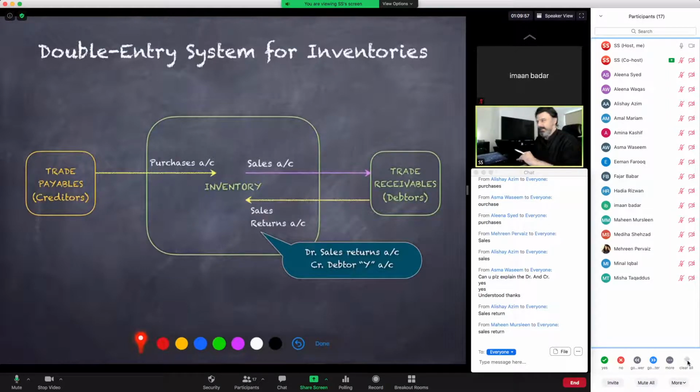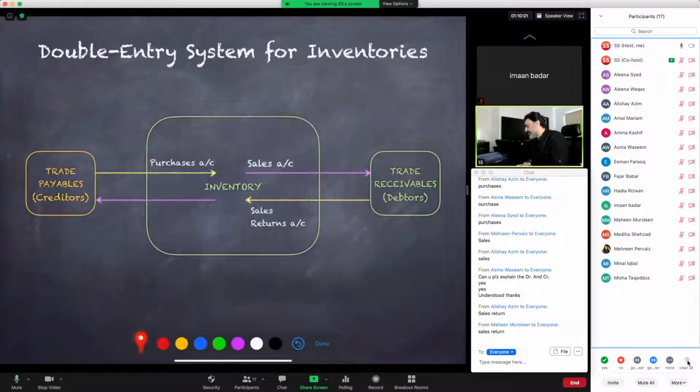Okay, good. And finally, this movement here, our inventory is going to our suppliers. This must be purchases returns, or returns outward as we also call them. So purchases returns, and in this case, you're losing your inventory.